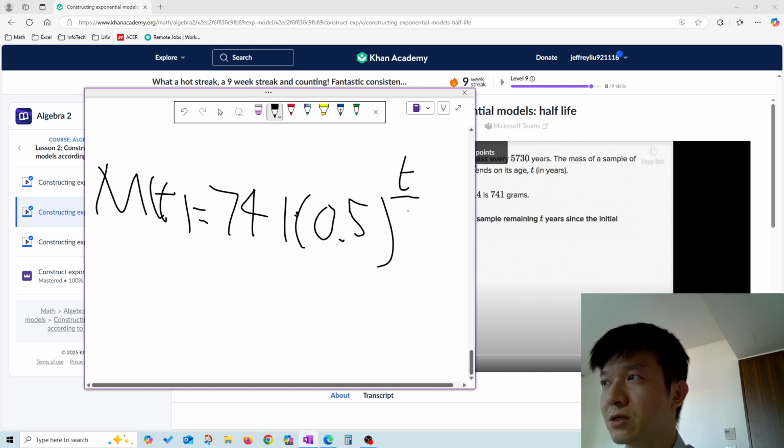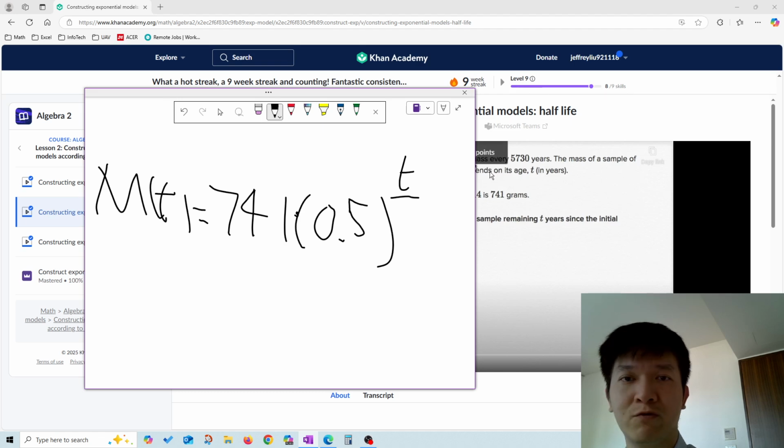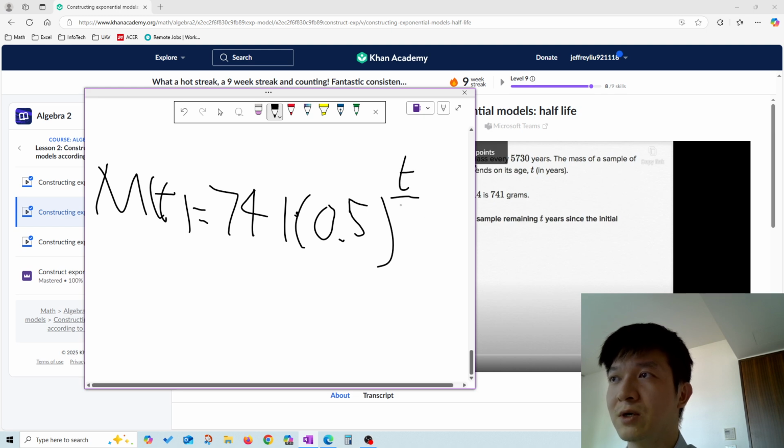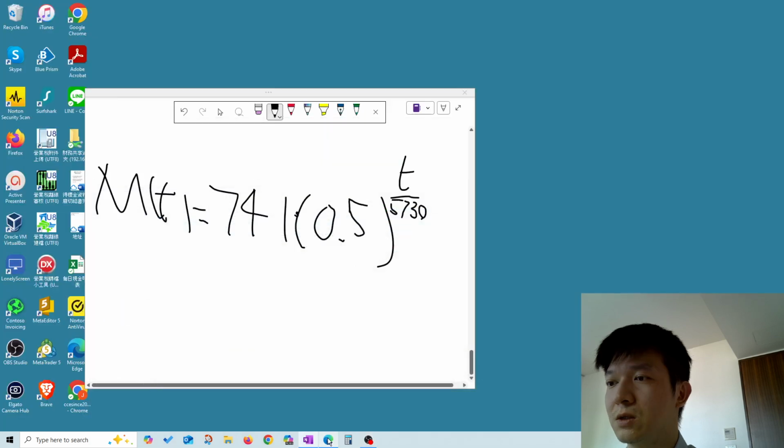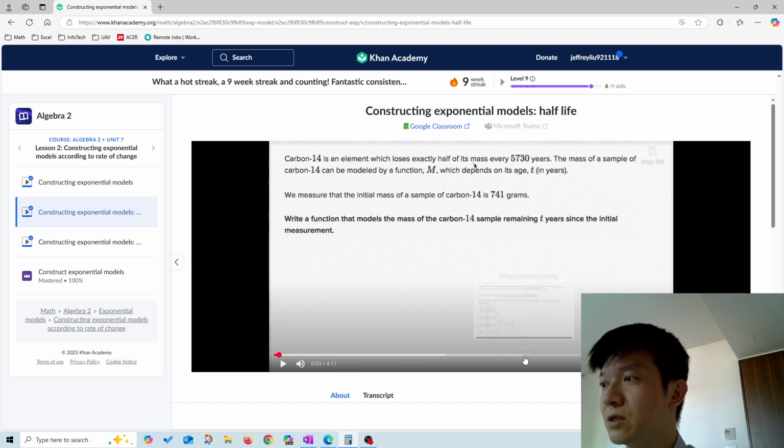Years is gonna be at the top, but every, right? Every meaning you got divided. You can translate it directly to, I'm gonna divide it every 5,730 years, right? Okay, so that's our model. This is our model, and let's see if it is correct.